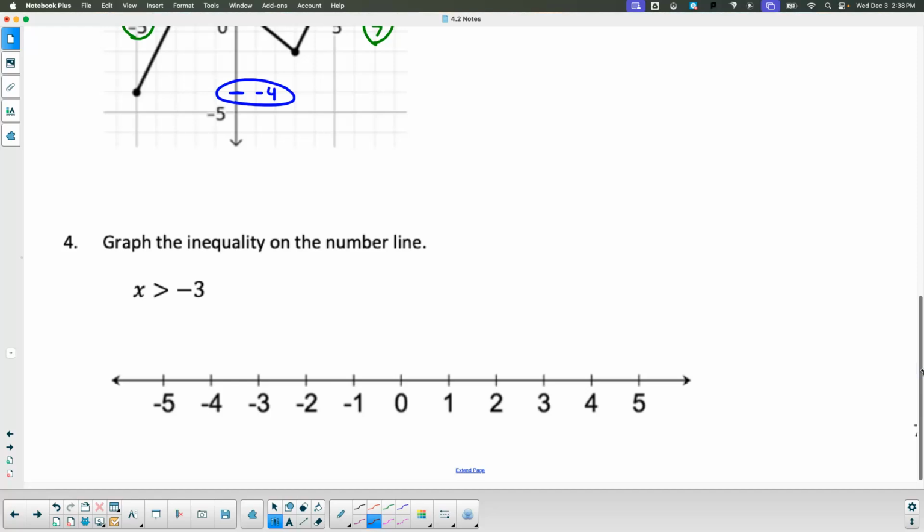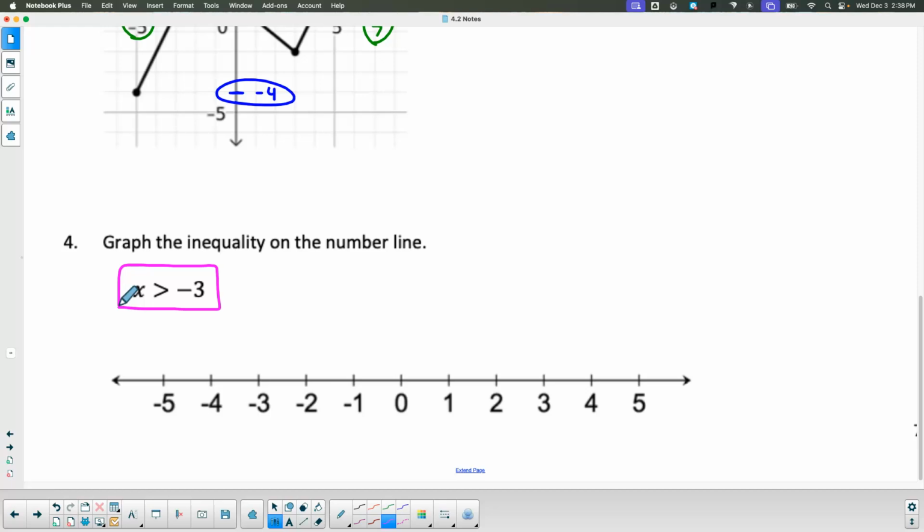Graph the inequality on the number line. What does this statement right here mean? Give it to me in regular terms, not in Mr. Myers terms. Give it to me so that us farm boys understand. What does that mean, though?